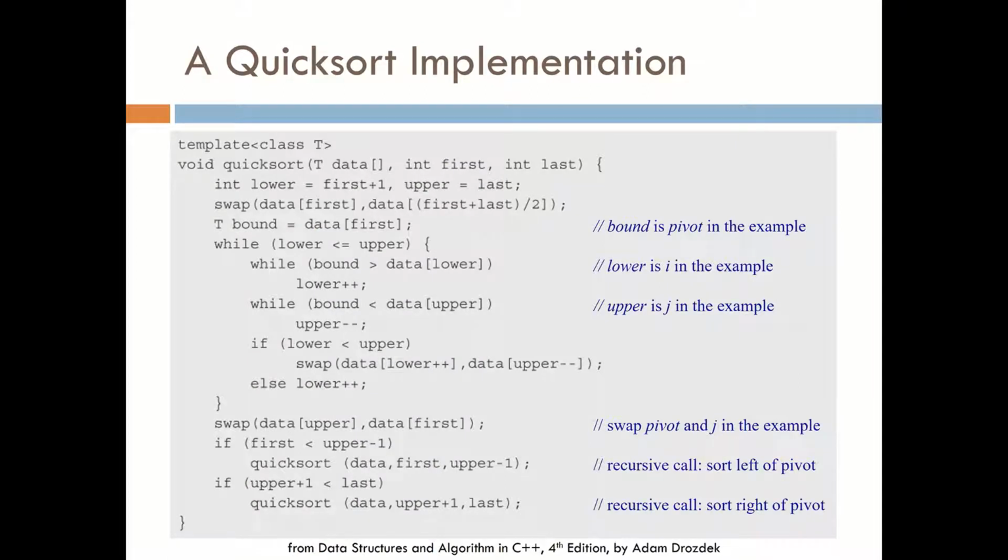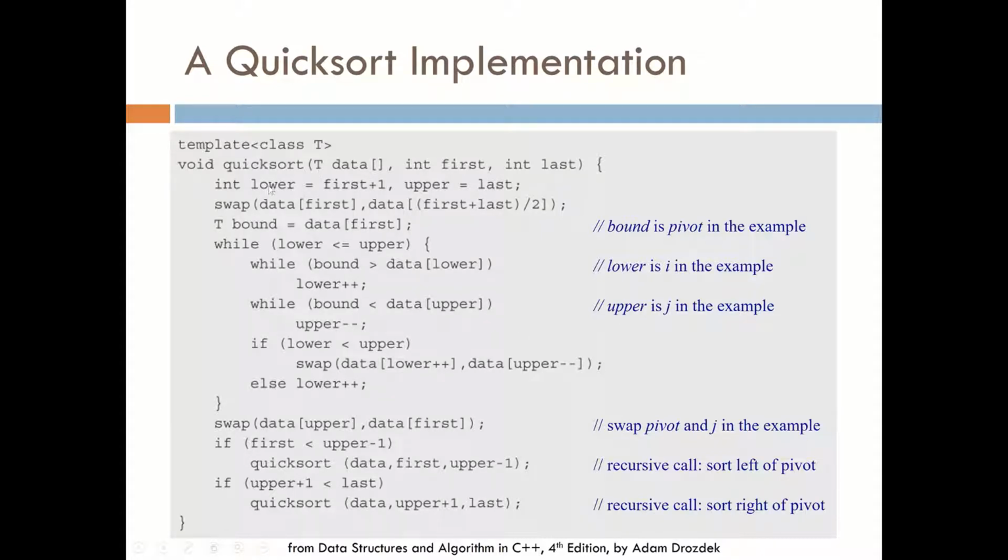Here is a quicksort implementation. This is from your textbook, and I've added some notes here in blue to link this code to the example that I'll go over. So you see that there are some calculations done on some indices here.